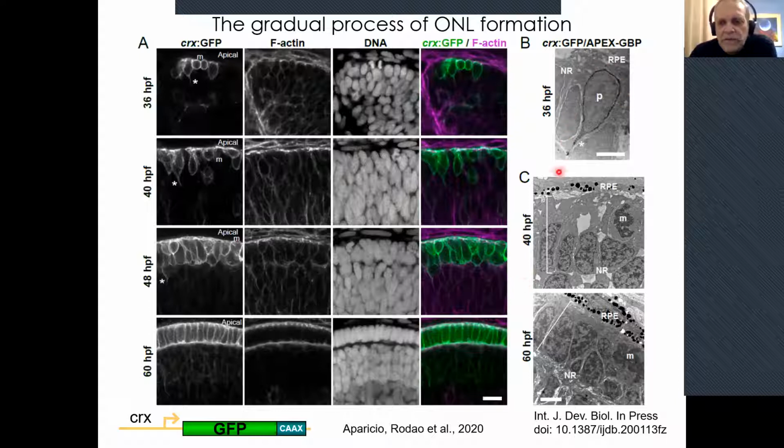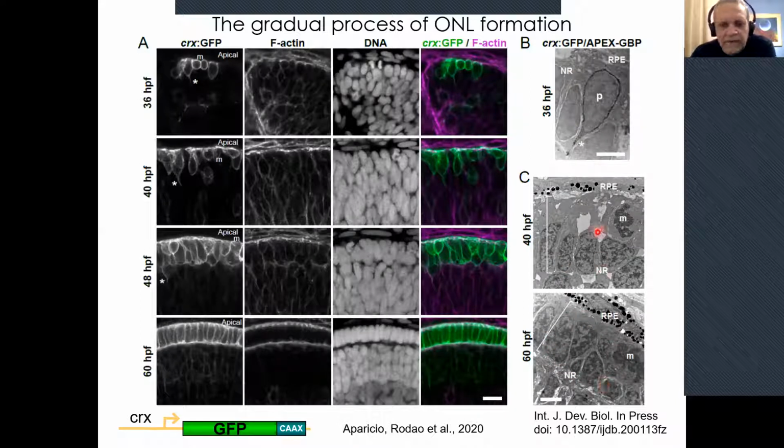We can also follow this by electron microscopy, and we see here the cell very early with a basal process, and then a more or less disorganized outer nuclear layer at 36 and 48 hours, and then a very well organized outer nuclear layer at 60 hours.